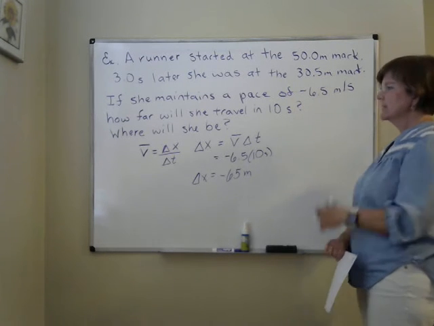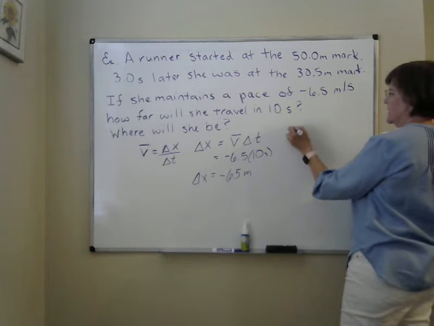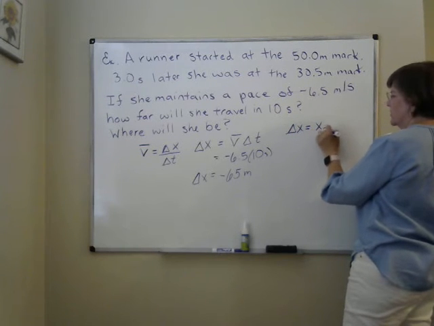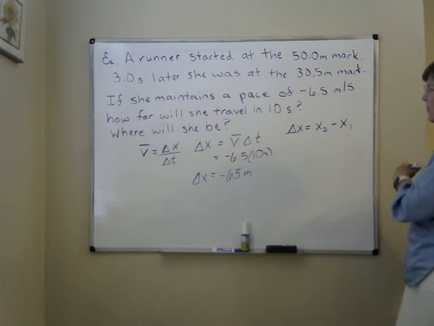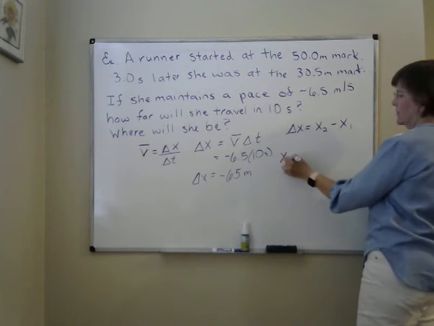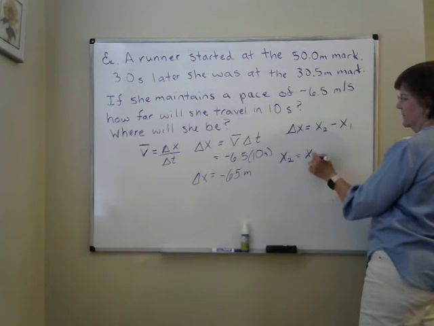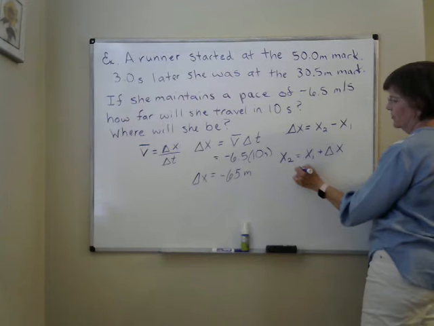The second part says, where will she be? Well, we know that displacement is your final position minus your initial position, your change, or if we rearrange this, it's where did you start plus how much did you add to it.